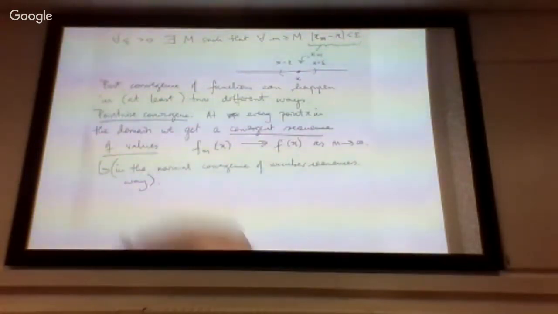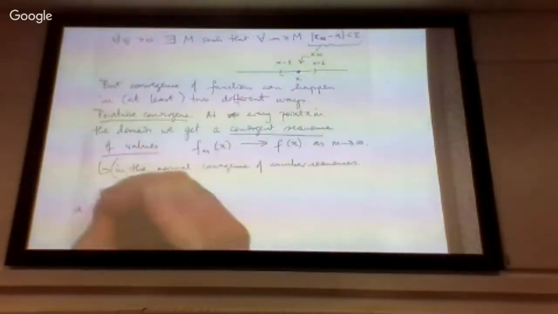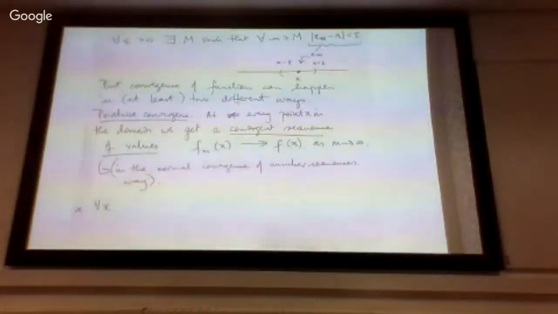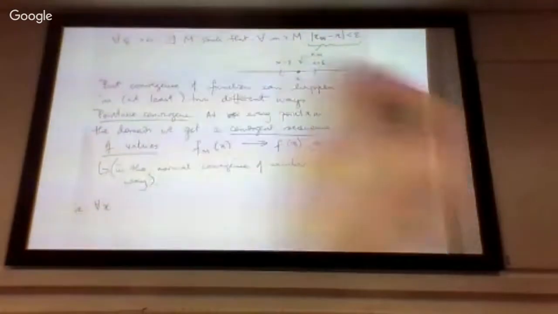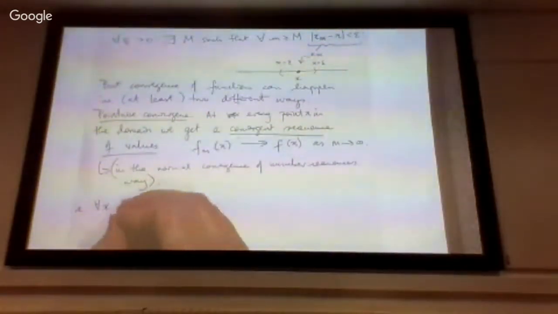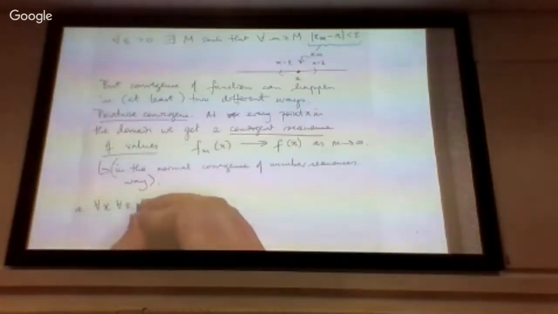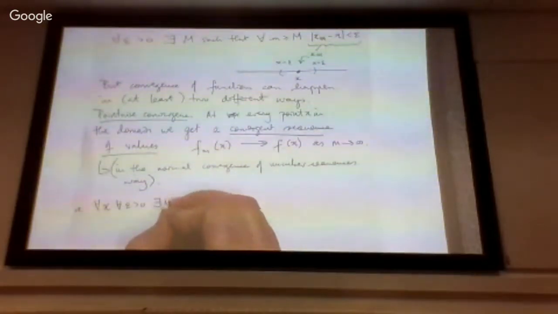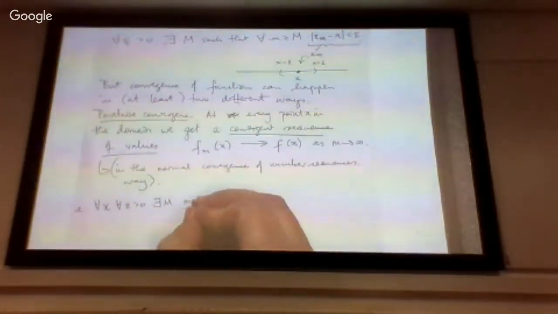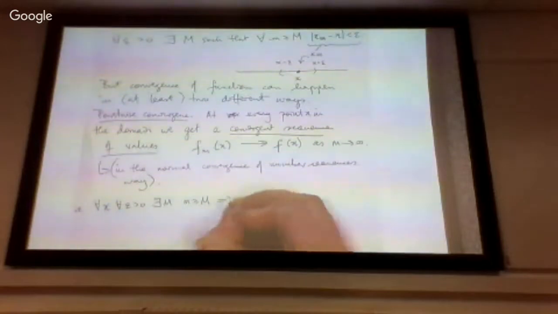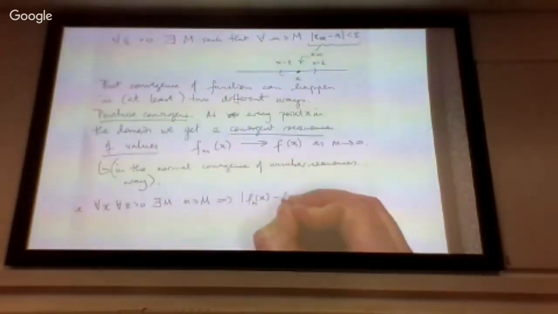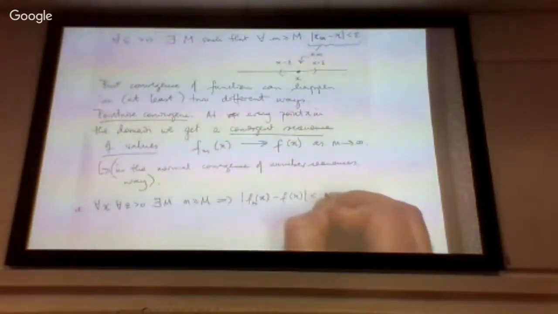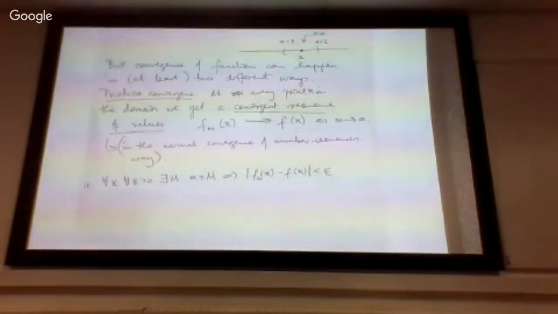So that would be saying, for all x in the domain, and then it would run much like the definition we've just given: for all x, for all epsilon bigger than 0, there exists an M such that m bigger than or equal to capital M implies that the absolute value of f_m(x) minus f(x) is strictly less than epsilon. Okay, so that's pointwise convergence.